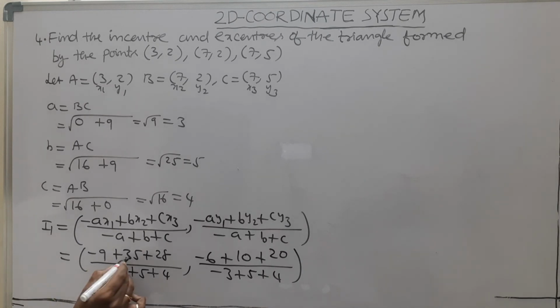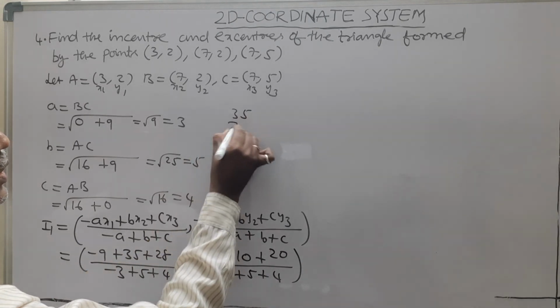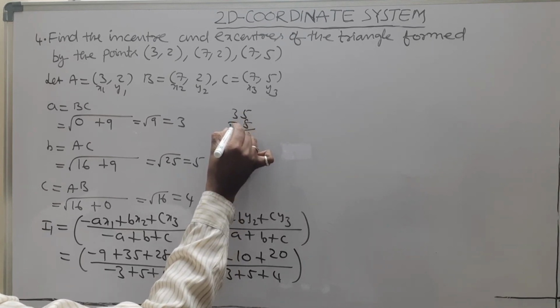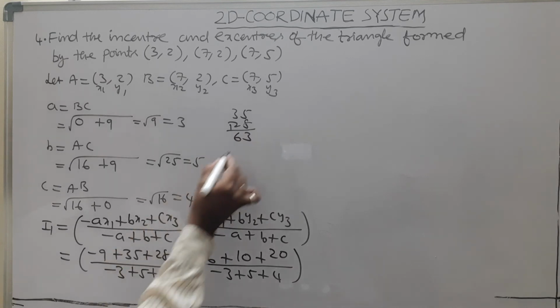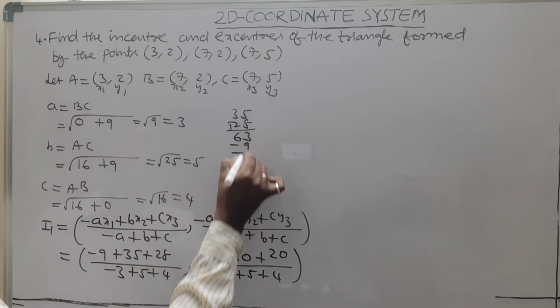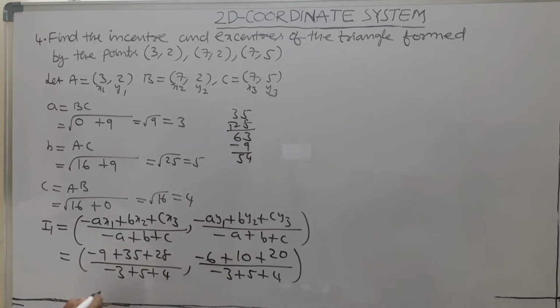Here 35 plus 28 is 63, 63 minus 9 is 54. 5 plus 4 is 9, 9 minus 3 is 6.